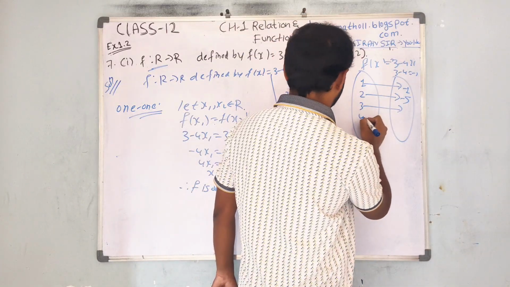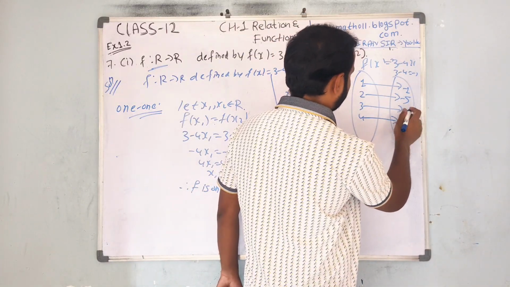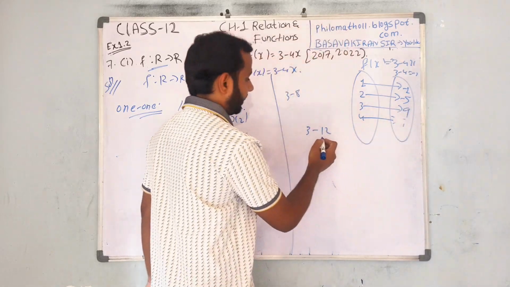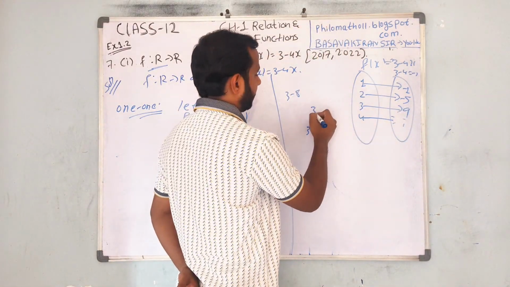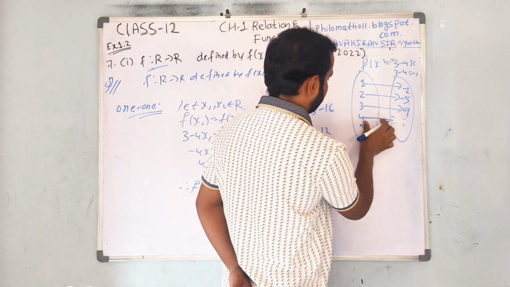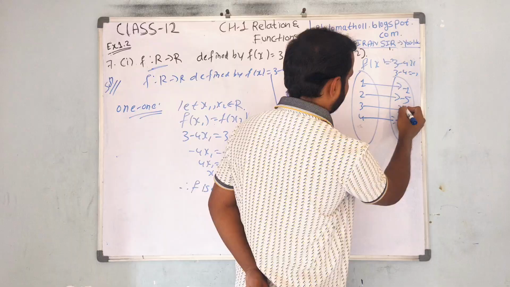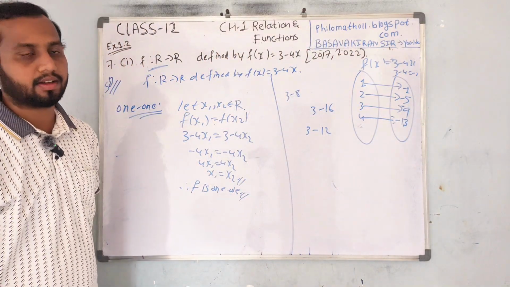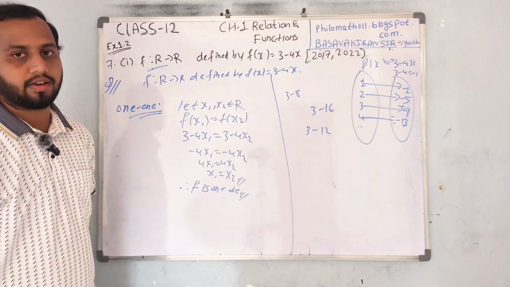When x value is 4, 4 fours are 16, 3 minus 16, you will get minus 13. For every element I am getting a different image, then I can say it is a 1-1 function.